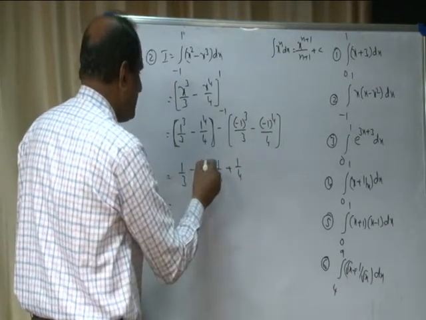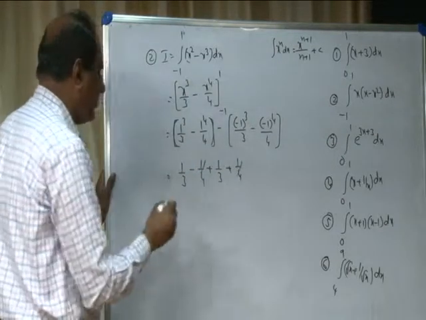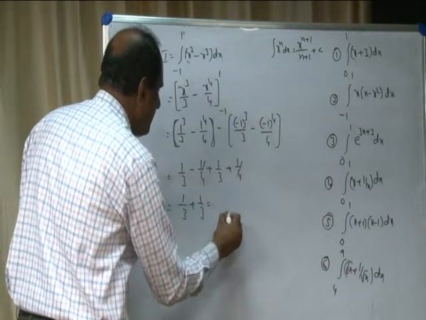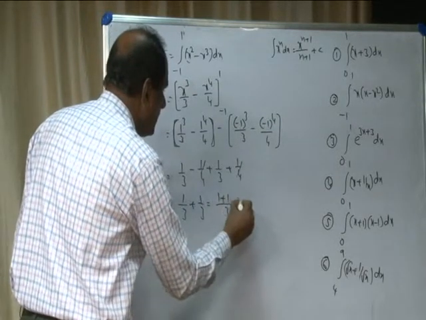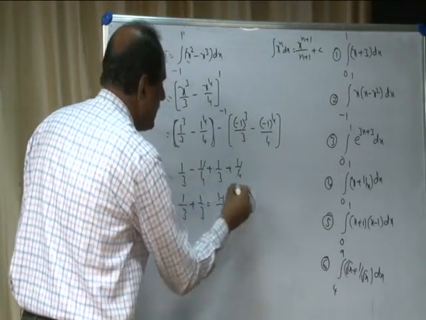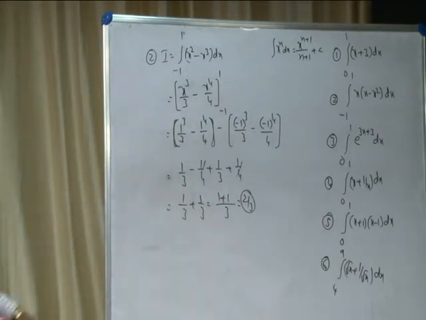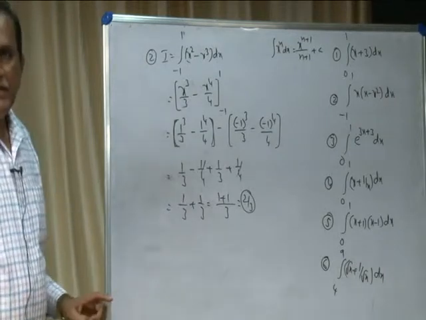See here, plus 1 by 4 minus 1 by 4 cancel, 1 by 3 plus 1 by 3, LCM is 3. So 1 plus 1 is equal to 2 by 3. So this is the fixed or constant value 2 by 3, the value of the given definite integral.